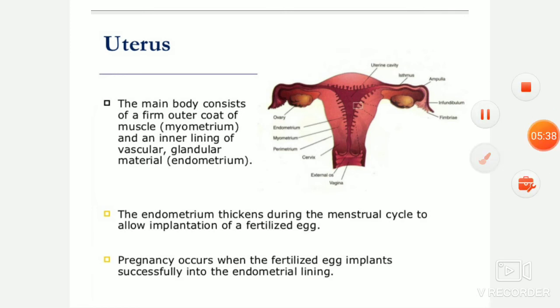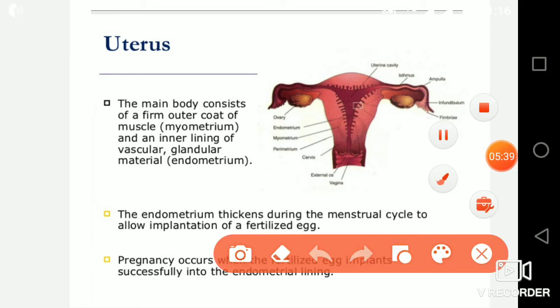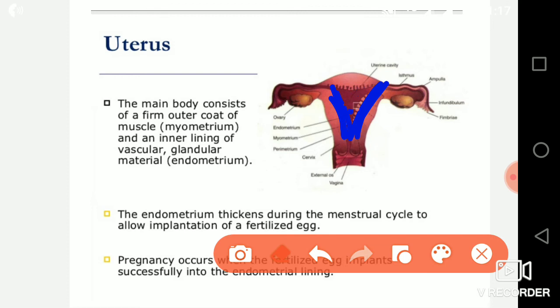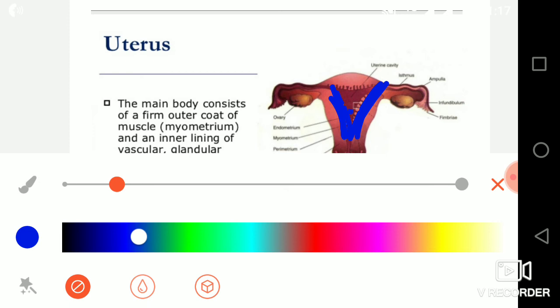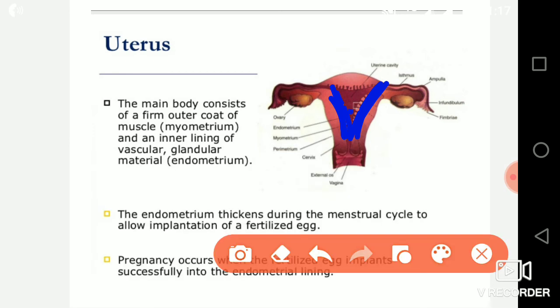During that time the uterus starts becoming thick so that it can receive the zygote and implantation can be done.